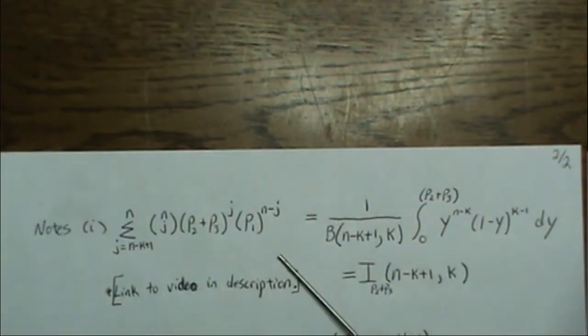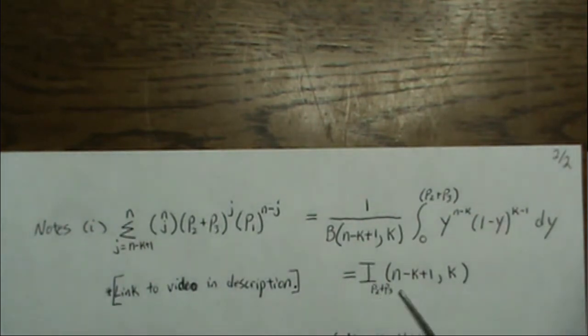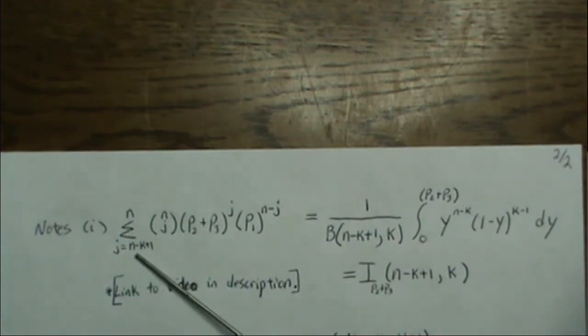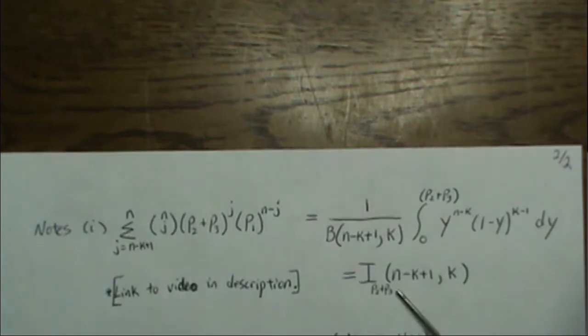Okay, and then the notation for that is I, P2, P3, and then here are the beta parameters for there. And there'll be a video in the description. But this isn't quite what we want. Okay, we want the bottom half of this sum, from 0 to n minus k, not n minus k plus 1 to n. So we want the 1 minus this.